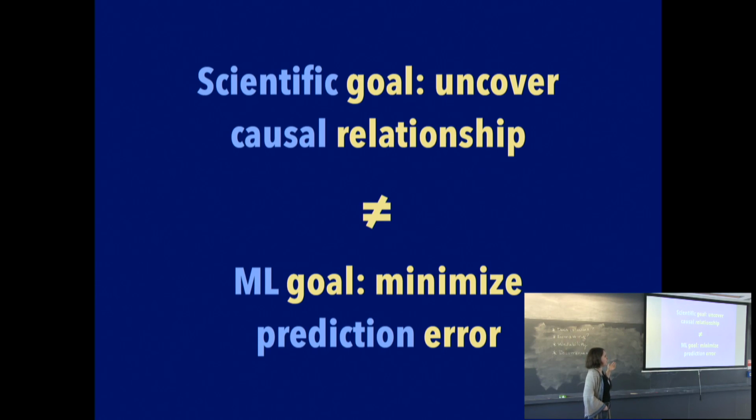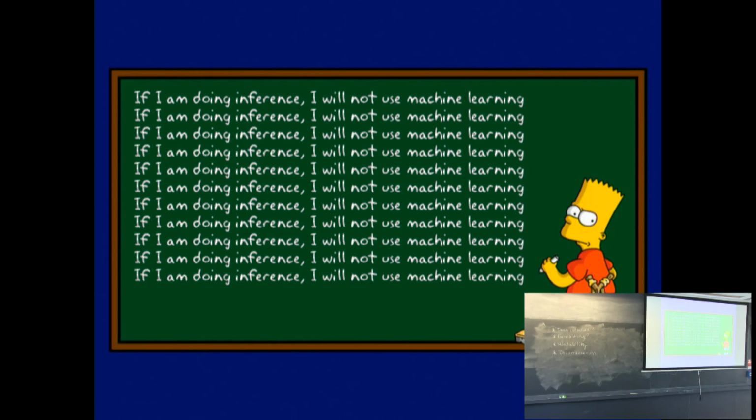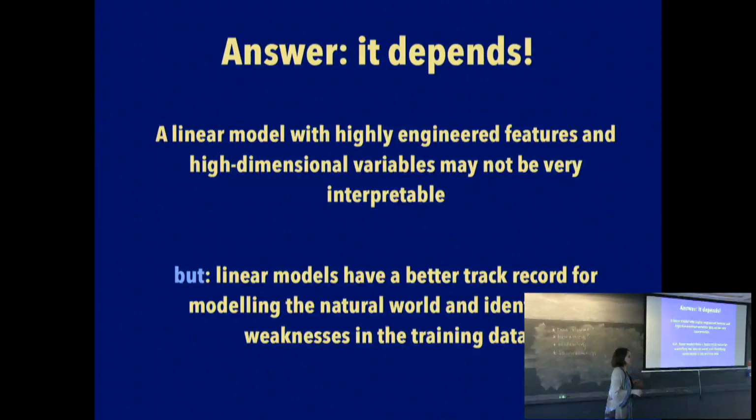In fact, you can run into trouble, and the causal relationship you do uncover can be really biased because there are biases that you haven't taken into account properly. So, identifying weaknesses in the training data set.